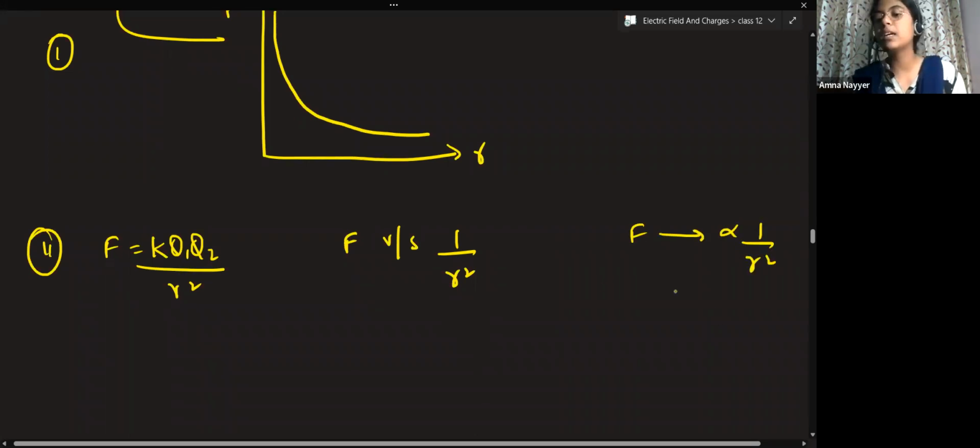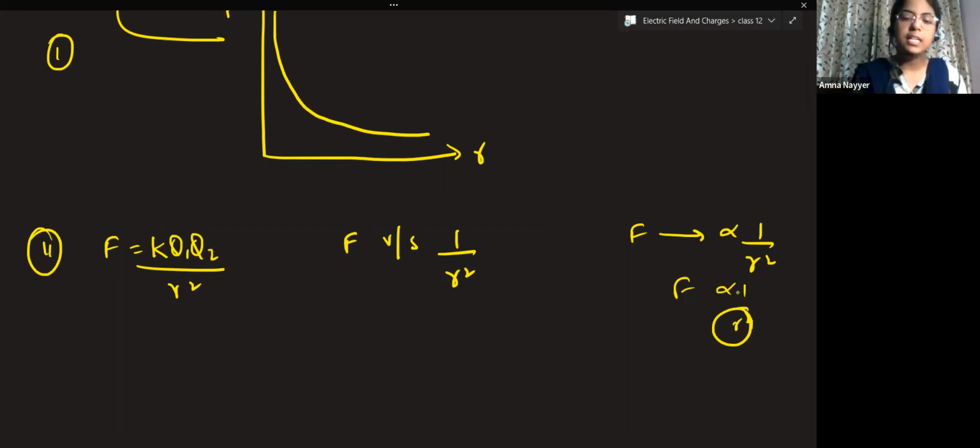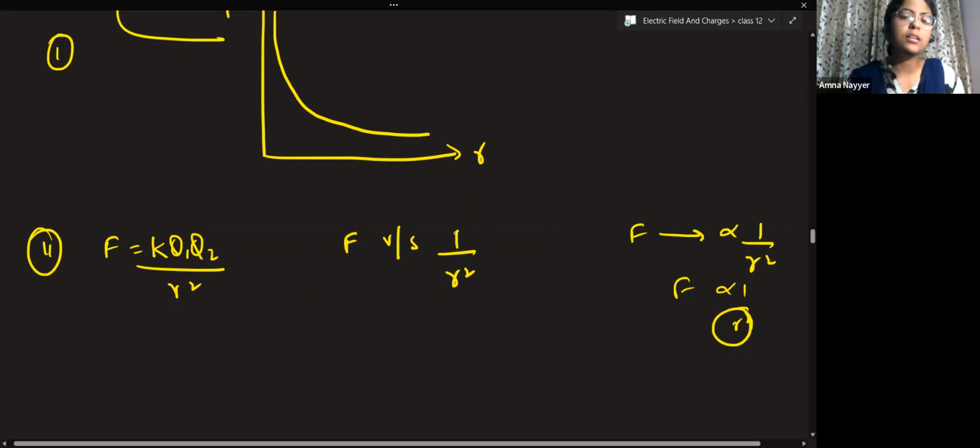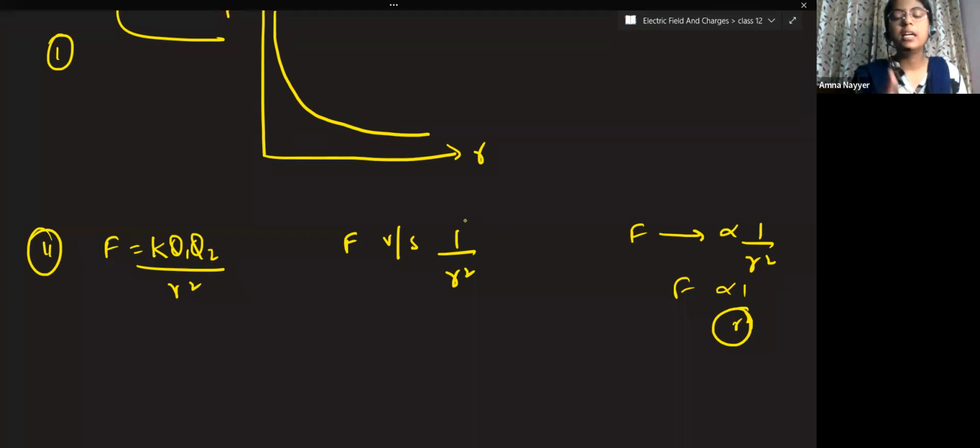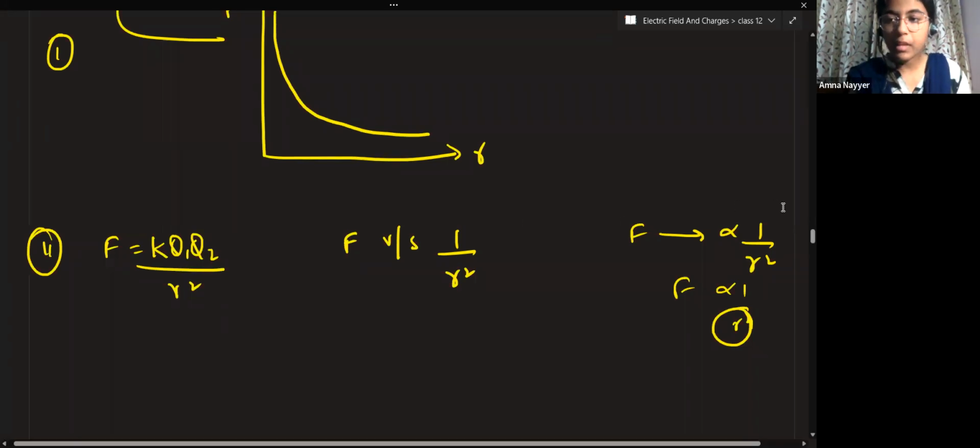That's why force becomes inversely proportional to r square. Is this difference getting clear, when you only have r square with you and when you have 1 by r square? Here f is directly proportional to 1 by r square. In the previous case, force was inversely proportional to r square. When you have 1 by r square, it becomes directly proportional. Any confusion in this part?